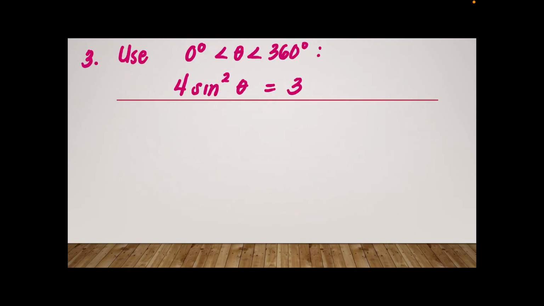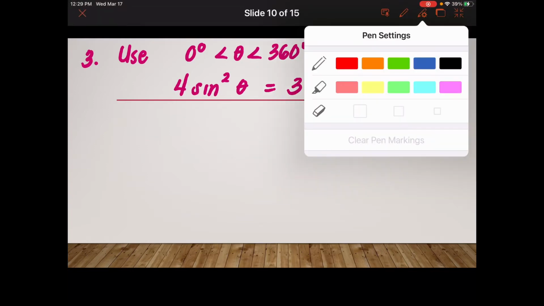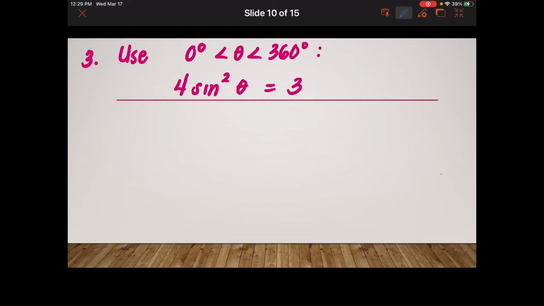Example number 3, use the interval theta is greater than 0 degrees and less than 360 degrees. The given equation is 4 sine squared theta is equal to 3. The first thing that I have to do is let a be equal to sine theta.